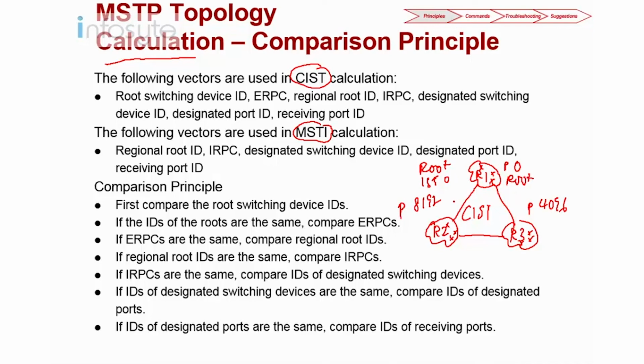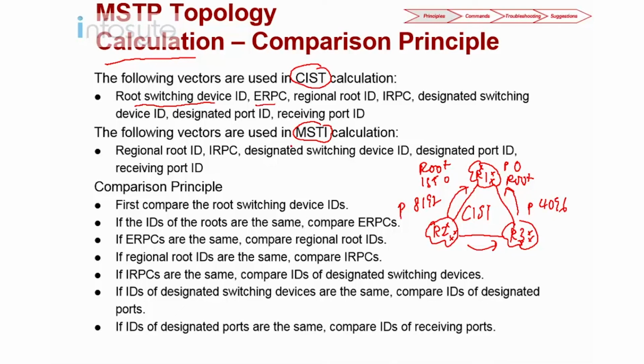Then I'm going to calculate the root path cost to the root. Here we have the root switch device ID. If we have a similar MAC address, we are going to look into priority. Assuming that the lower number means the highest priority, this region 1 will become the root, or we call this the CIST root.